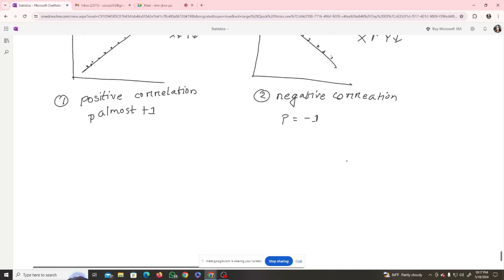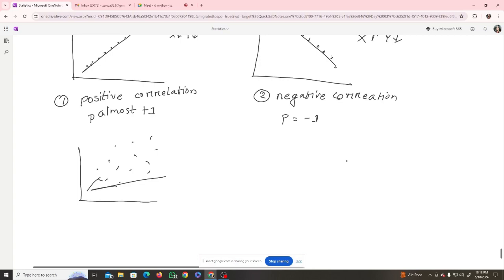So let's see another example. Let's say these are your data points and your polynomial goes something like this. In this case you can say that there is no relationship, right?